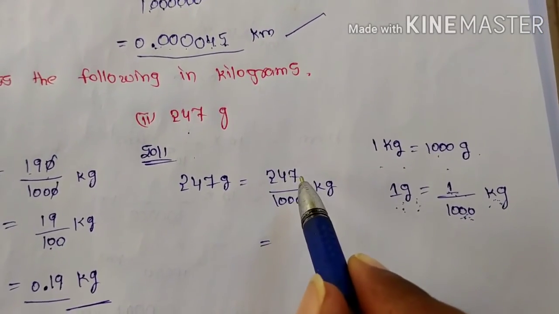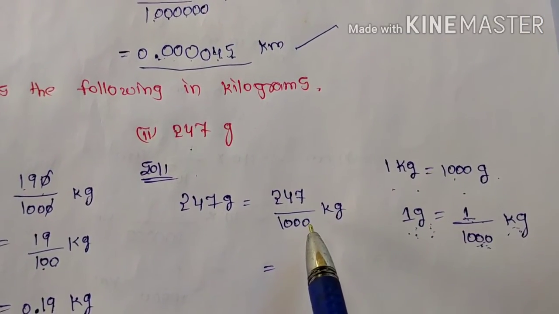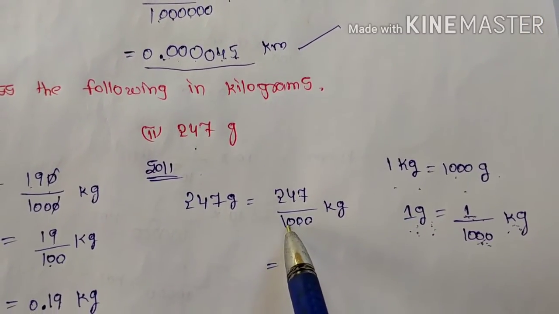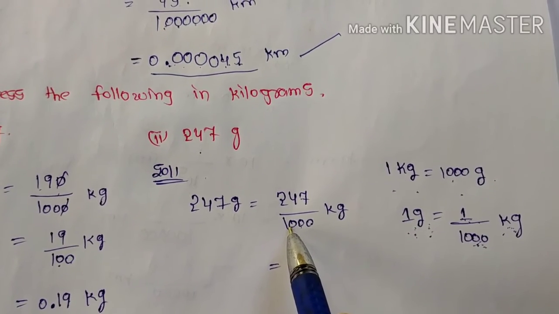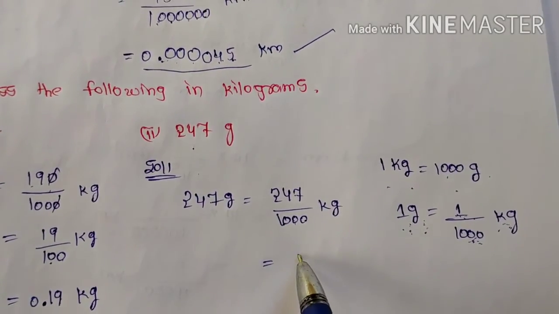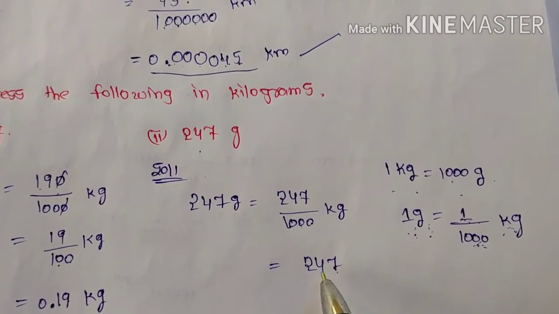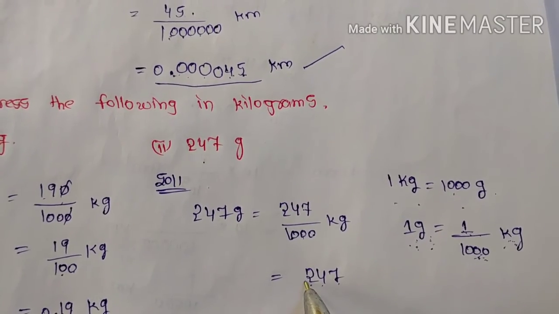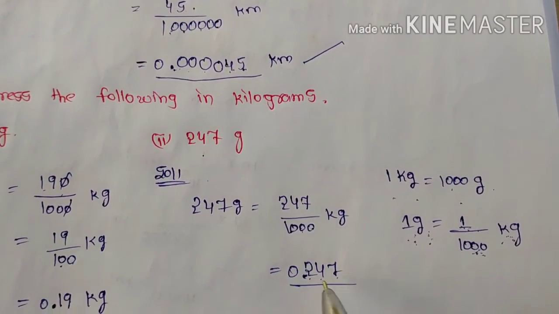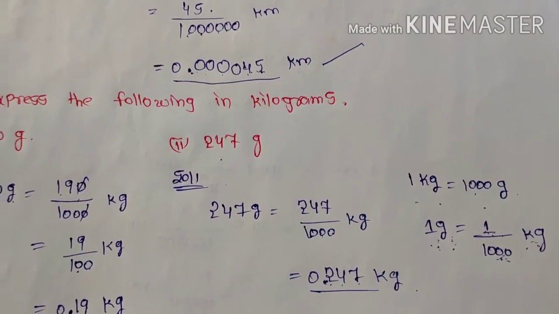There is no possibility to cancel it, so just see how many zeros are available in the denominator: 1, 2, 3. So you keep the decimal point in the numerator 3 digits from the right side. First I am writing 247. Count from the right side 1, 2, 3. So you keep the decimal point. This is your answer, 0.247 kilograms.